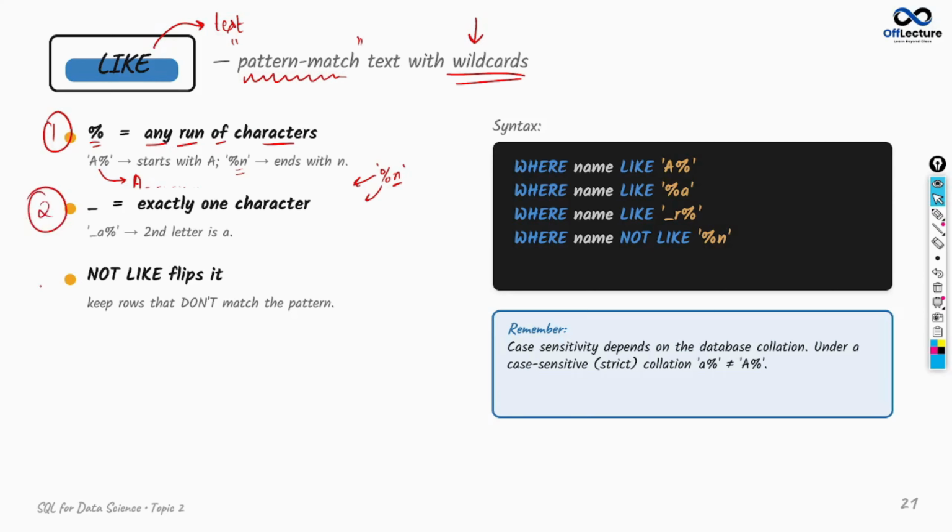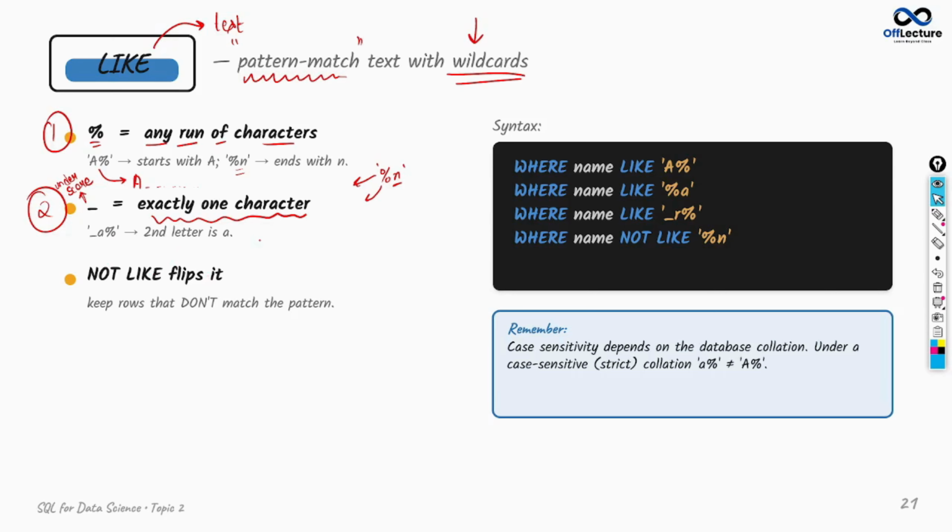Second is the underscore sign. The underscore sign matches exactly one character. Let's suppose you want to match exactly one character; in that case, we use the underscore sign.